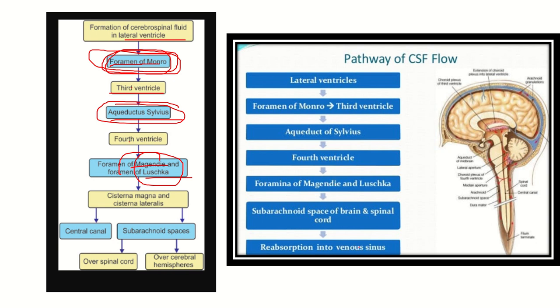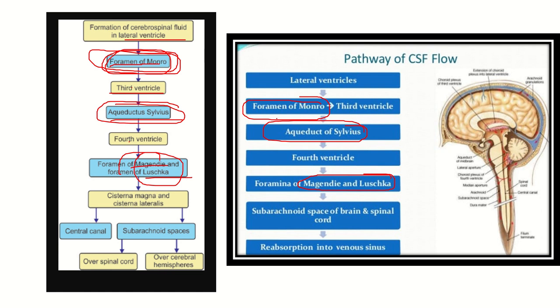And finally reabsorption in the venous sinuses. So the first foramen is the foramen of Monro, the second is the aqueduct of Sylvius, and the third is the foramen of Magendie and Luschka. Why are these foramina very important? Because any obstruction in them causes obstruction of the outflow of cerebrospinal fluid, and it causes hydrocephalus, that means the collection of more cerebrospinal fluid within the brain.